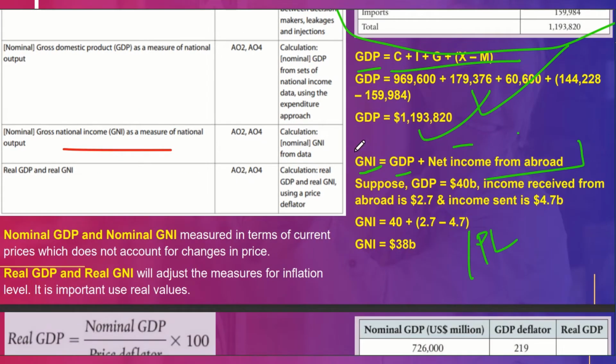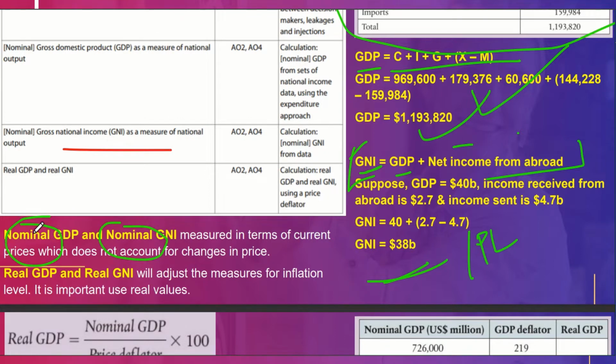And GNI also they will ask you to calculate. Obviously GDP plus net income from abroad means you need to add income received from abroad and deduct income sent to abroad, and the total you are earning is the GNI, gross national income. And then nominal GDP and nominal GNI.